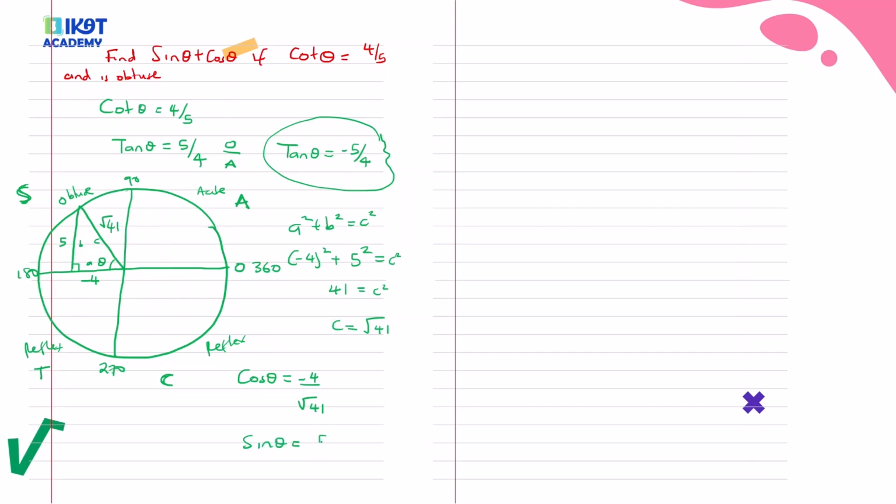So sin theta plus cos theta is negative 4 out of root of 41 plus 5 out of root of 41. So here we'll end up having 1 out of root of 41 as the answer. So that's what we have. Some people would want to rationalize it and multiply through by root of 41, but it's all the same.